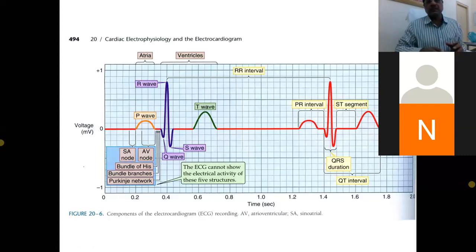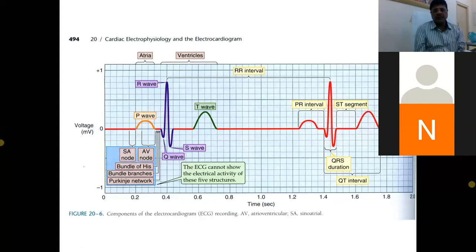Then the P wave is the atrial depolarization, and then he shows the PR interval. You can just follow that. The PR segment rather is the transmission through the AV node, and then you have the QRS complex.